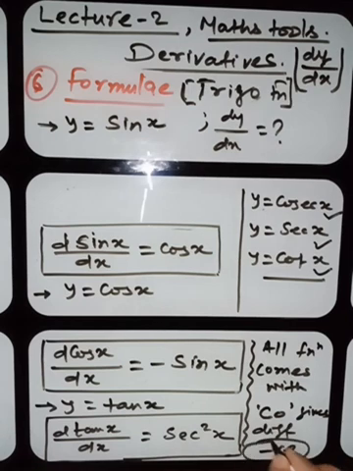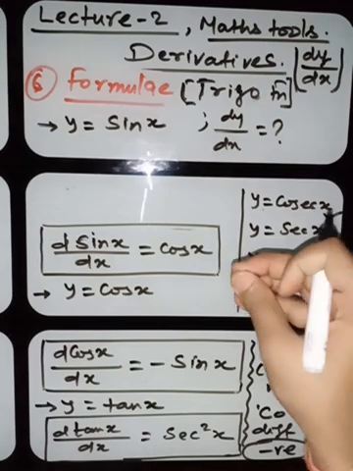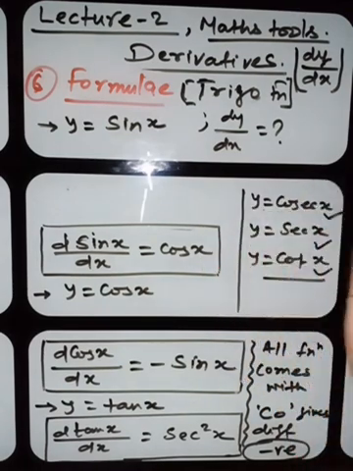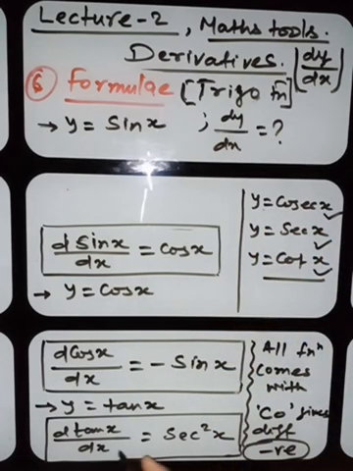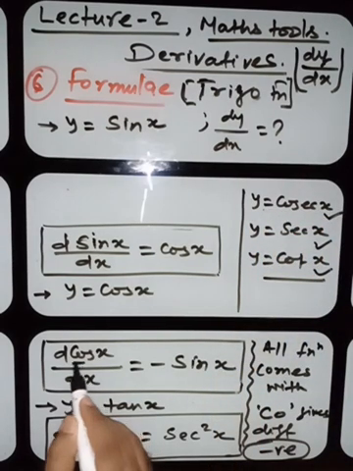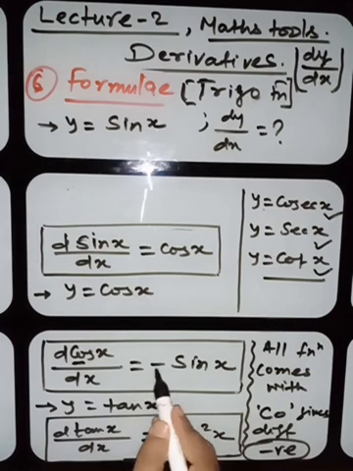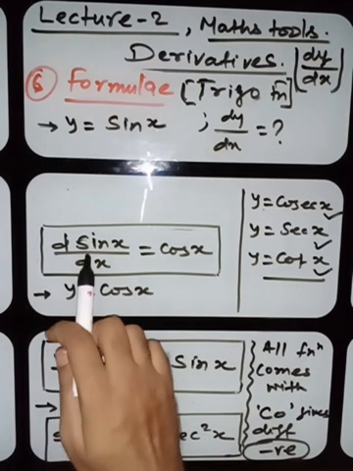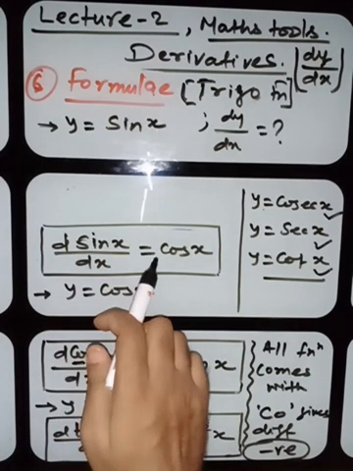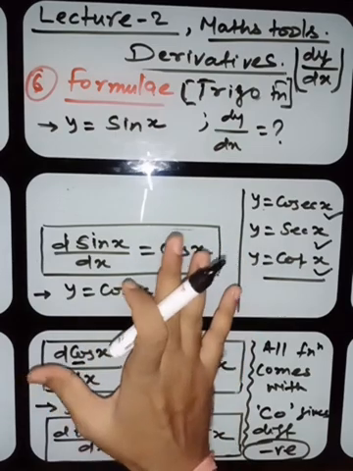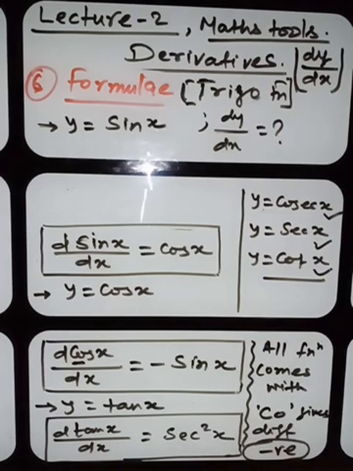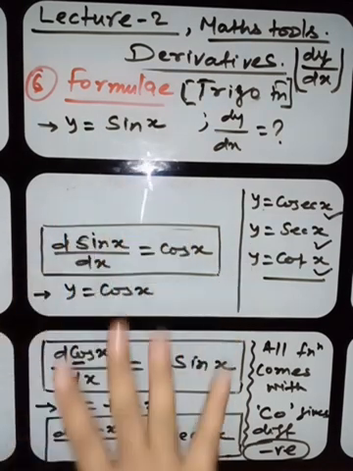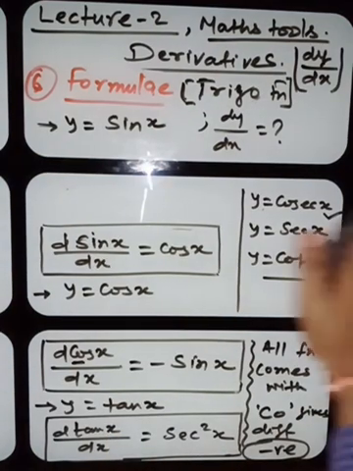Remember, this is very, very important. So the functions which start with co, their differentiation will be negative. Like here, cos, starting with co, that's why it is negative. Remember, sine is not starting with co, that's why it is positive. This is a trick to remember. Okay, sign will be positive or negative. All right. Now you must remember this. I am erasing those 3 and then I'm writing the next formula.